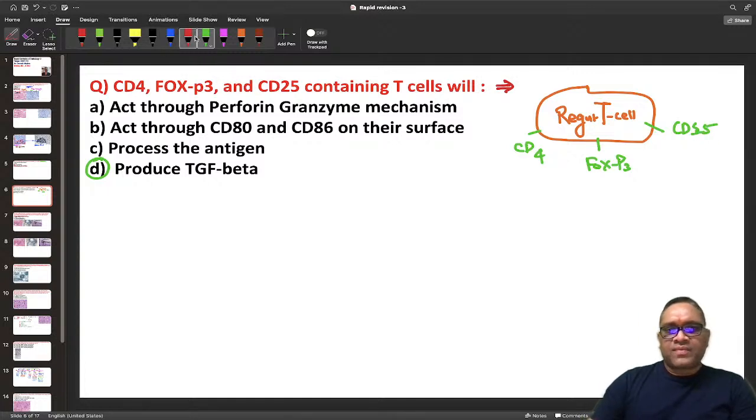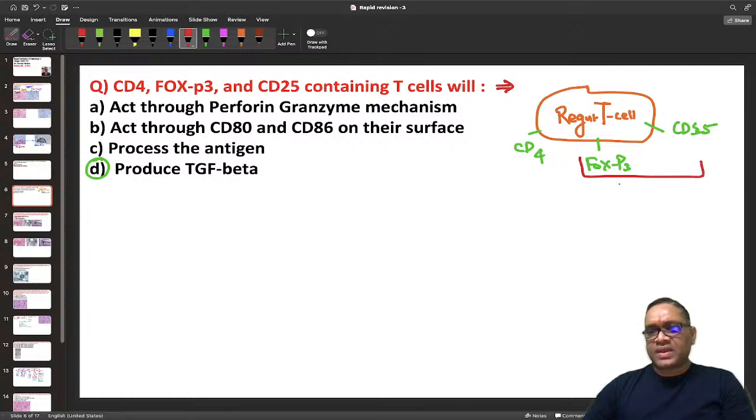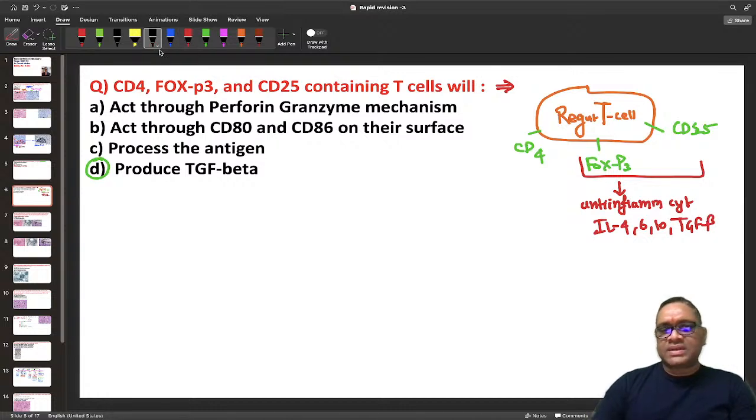What we need to remember is that FOXP3 and CD25 will synthesize anti-inflammatory cytokines like interleukin 4, 6, 10, and TGF beta. What is the function of all these anti-inflammatory cytokines? Their function is to inhibit autoreactive cells.